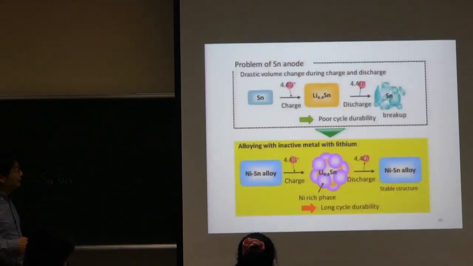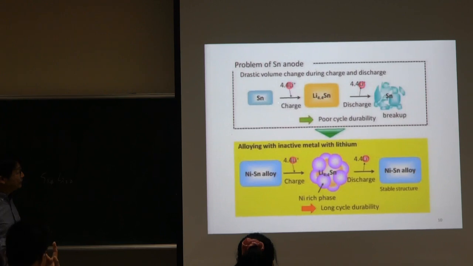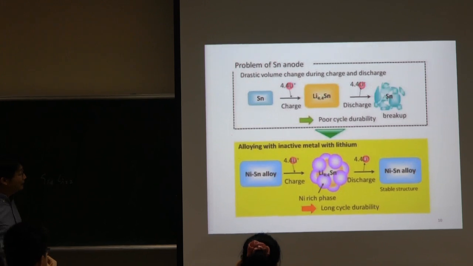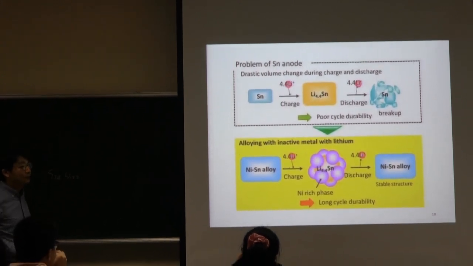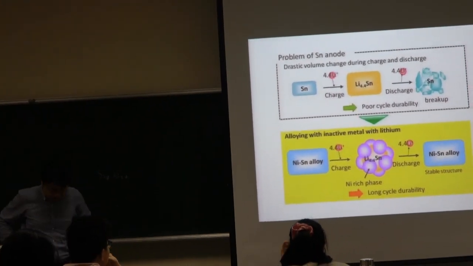Last time we talked about lithium, and lithium is quite similar to silicon, but compared to silicon, tin can accommodate about 4.4 lithium.